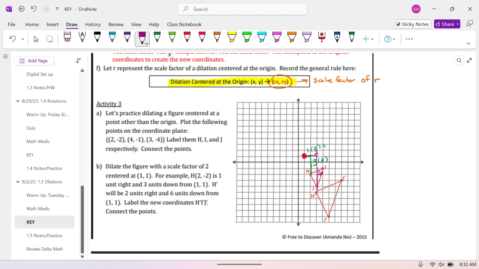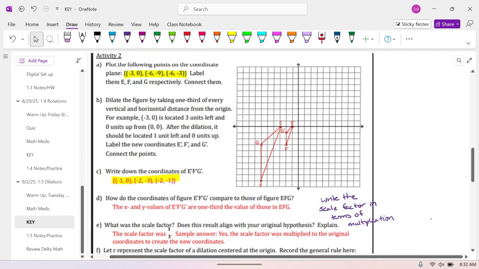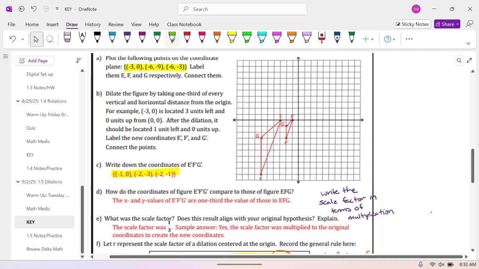All right. Now, like I said, I only expect you to know how to do it around the origin. But this may pop up as, say, a bonus question, where you have to do it centered at another point. All dilations are proportional. Technically, when we did it up here, from the origin, let's say I did from point G and G prime.